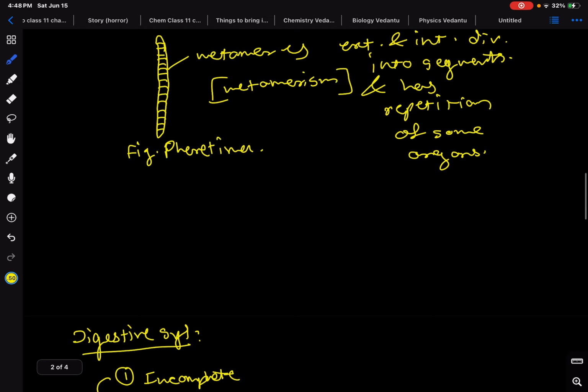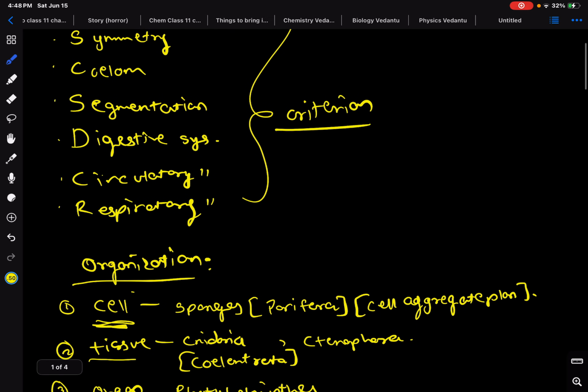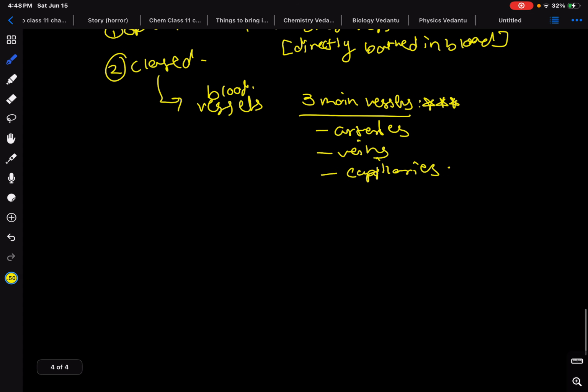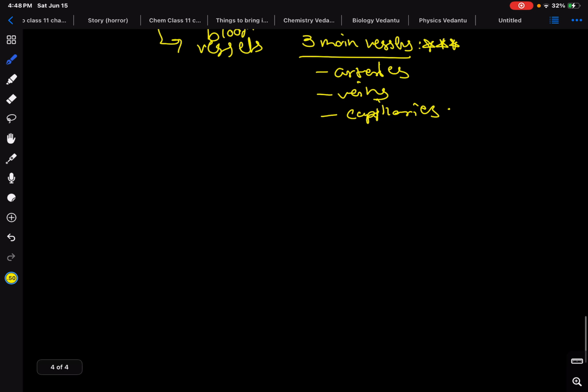So then we go on to the respiratory system. There isn't much in the respiratory system. If we go on to page 44, we can see that there are different types of respiratory system.